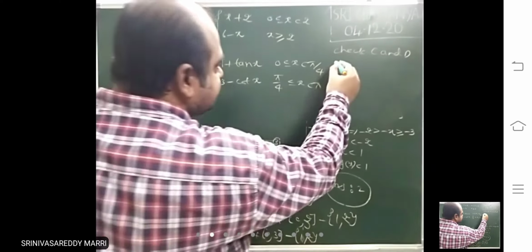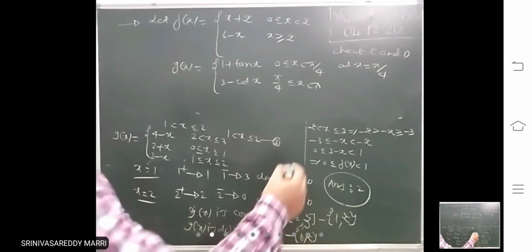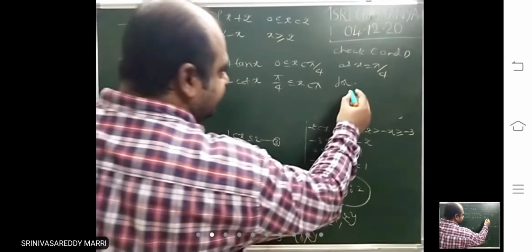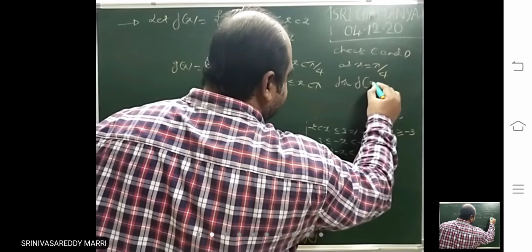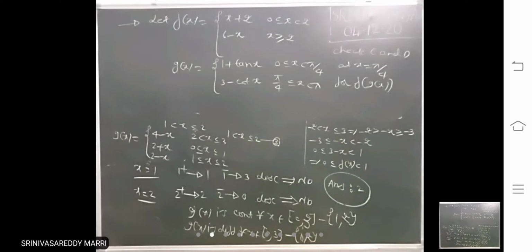For this it is asked only at one point. Suppose at x equal to pi by 4, you have to check for f of g of x, composite function, at only one point.